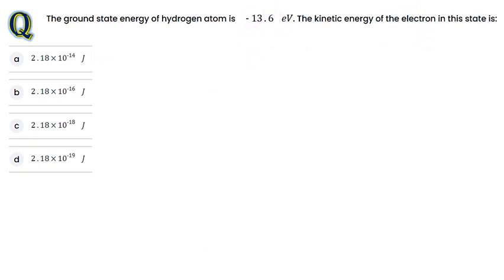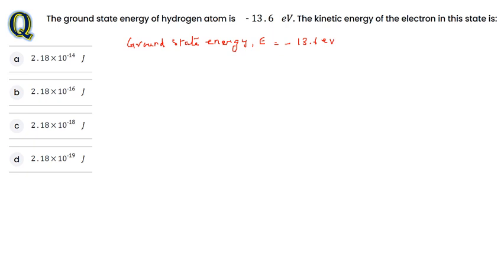For this case, the ground state energy they have already given, ground state energy of hydrogen atom, I just mentioned here, minus 13.6 electron volt.